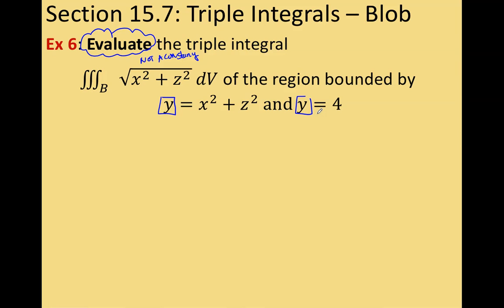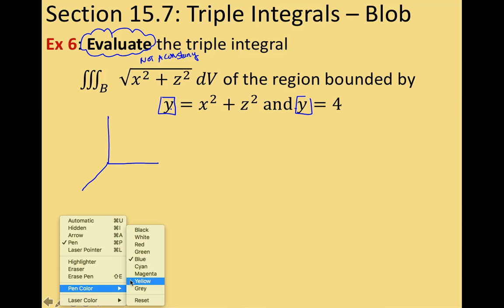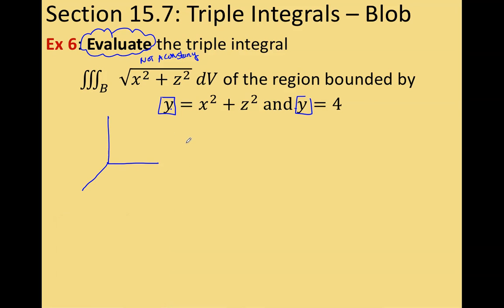So unless something makes me change my mind, I think I'm going to be starting with Y values. So let's make a 3D sketch. What is this? x squared plus y to the first is equal to x squared plus z squared.